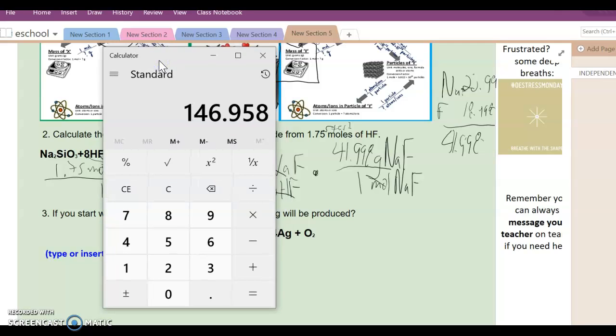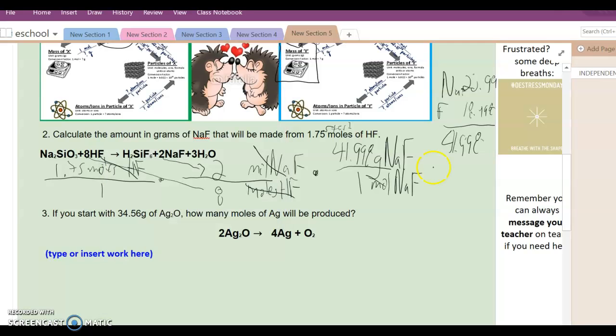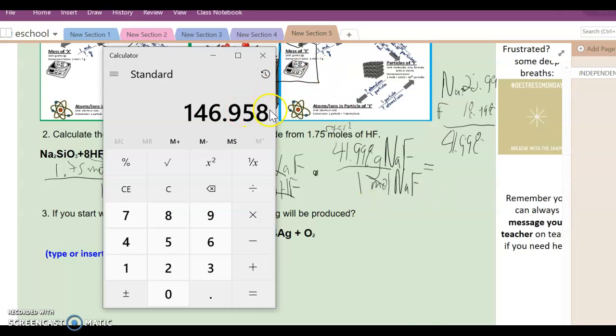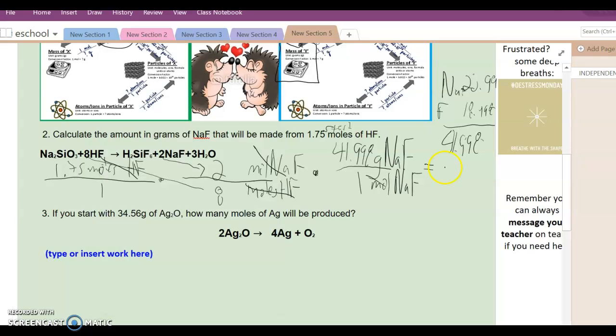I'm going to be lazy too, it's just less for me to remember going back and forth. I'm going to round it. So 146.96. Just box that off.